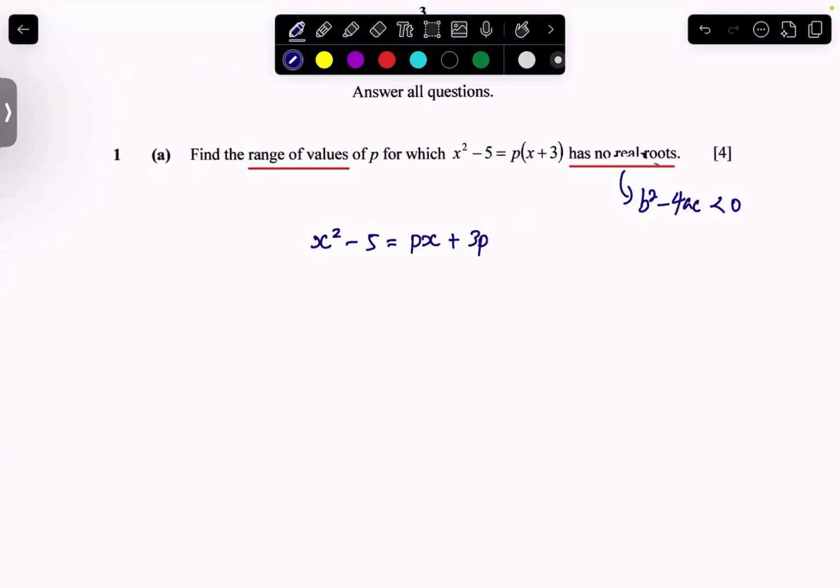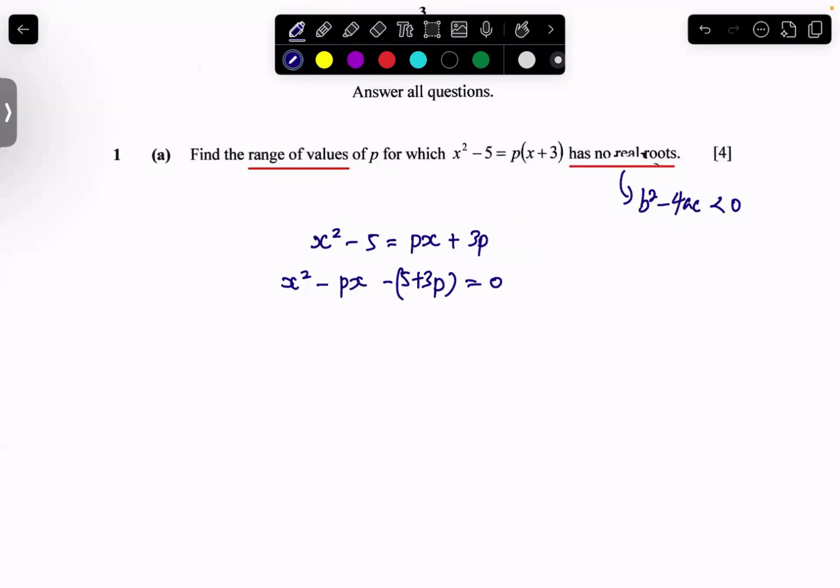Shift everything to the left hand side: x square minus px minus 5 plus 3p equals 0. By right it should be minus 5 minus 3p, but I factorize out the negative, so it's minus 5 plus 3p.